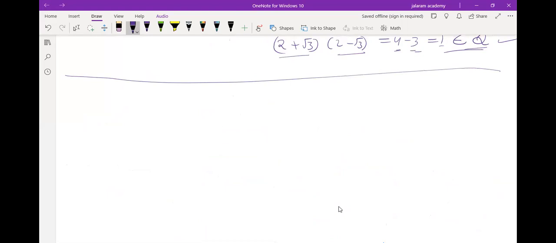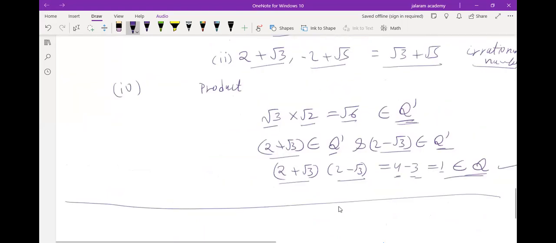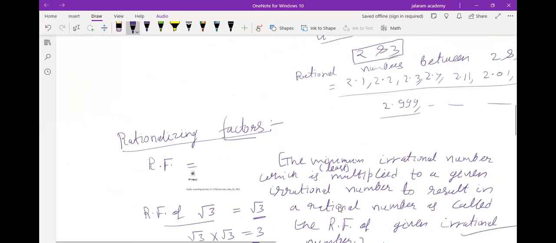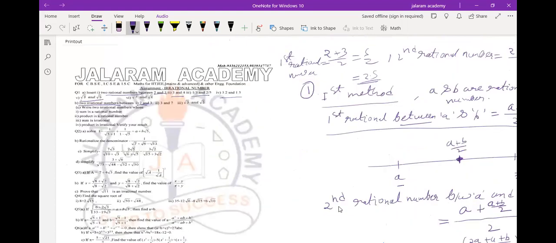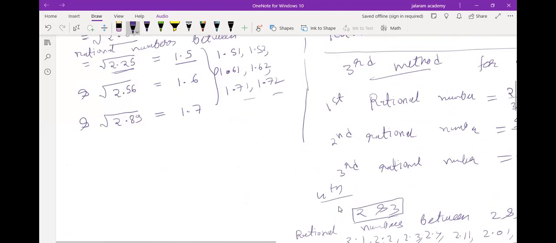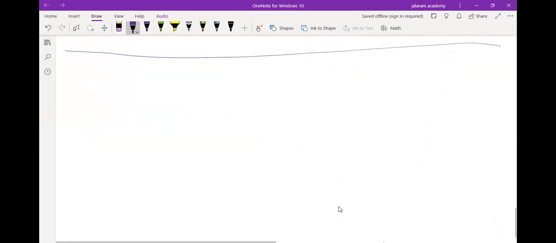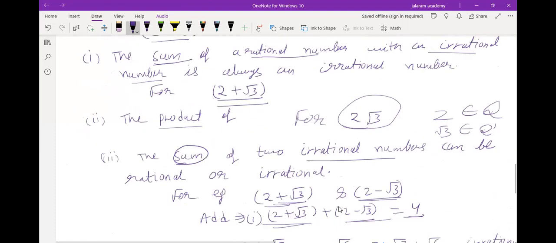Now, to solve the questions in rational irrational number, we have to rationalize the denominator, for which we have to multiply them with their rationalizing factors. Like in question number 2a. Look at the question number 2a of the sheet. We have to find a and b, where a and b are rational numbers.